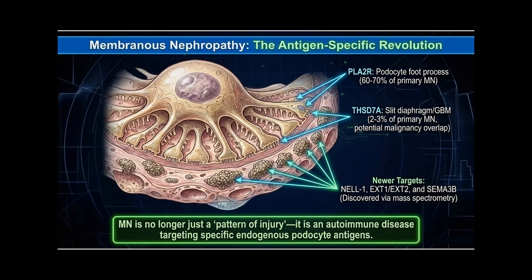There are various types of antigens related to the foot process. Membranous nephropathy is no longer just a pattern of injury, but it is an autoimmune disease targeting specific endogenous podocyte antigens. What are podocyte antigens? PLA2R, THSD7A and then NELL types of antigens.